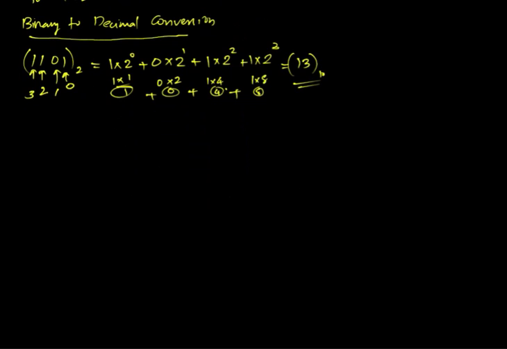Now another conversion method is there, which is called the double dabble method.